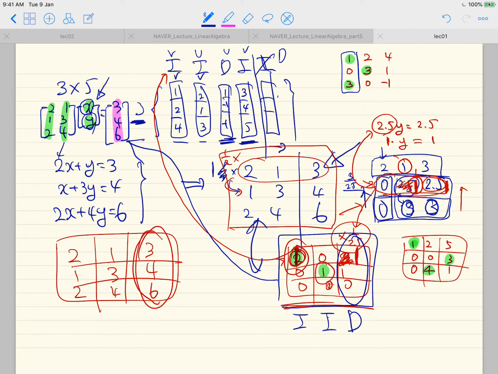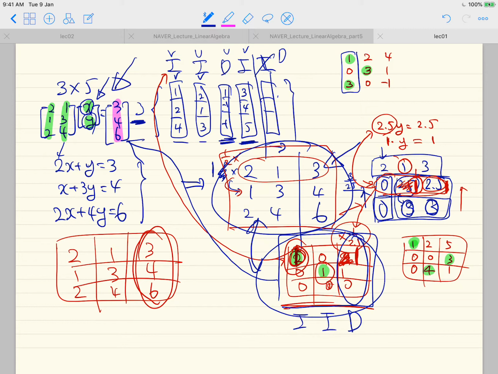So how is it related to the solution for the original matrix equation? After the Gaussian elimination, we obtained a completely different matrix. What's the relation between them?